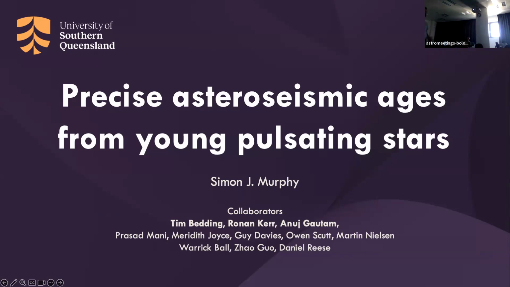Well, it's a pleasure to introduce Simon Murphy. Simon got his PhD back in 2013 at UCL in the UK with Don Kurtz, working on the pulsations of A-type stars and seeing what we could understand more about those pulsation Kepler data. And then Simon continued his career in Australia, first in Sydney for a few years, and now he's an ARC Future Fellow and Associate Professor at the University of Southern Queensland.